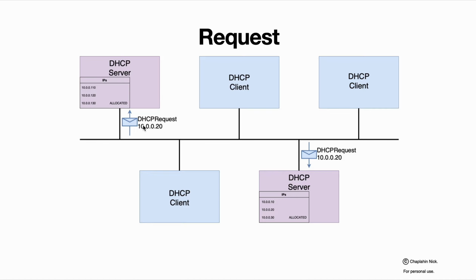In the packet, it identifies the IP that it wants to receive and the server it wants to communicate with. So a server that is not meant to continue this communication just ignores the packet and stops its activity. The server that is meant to continue communication receives the request.